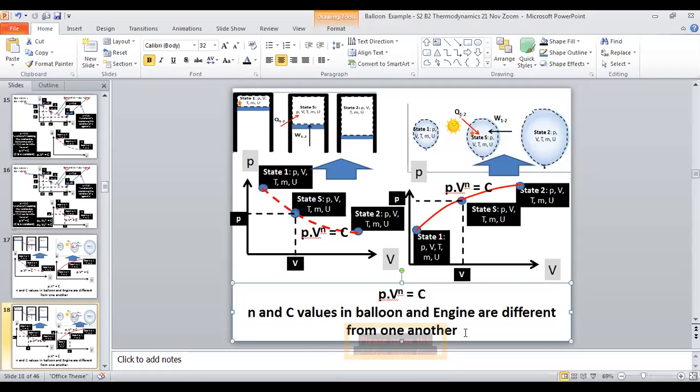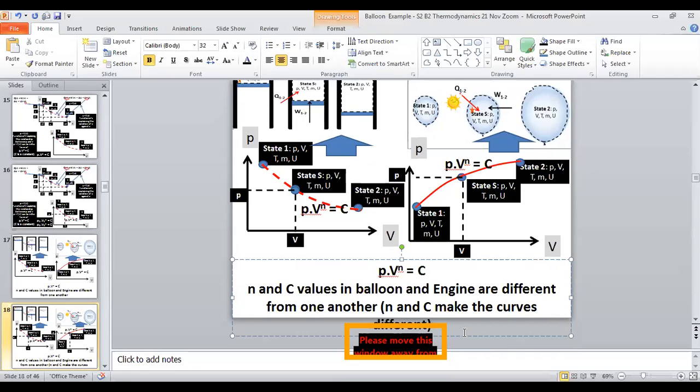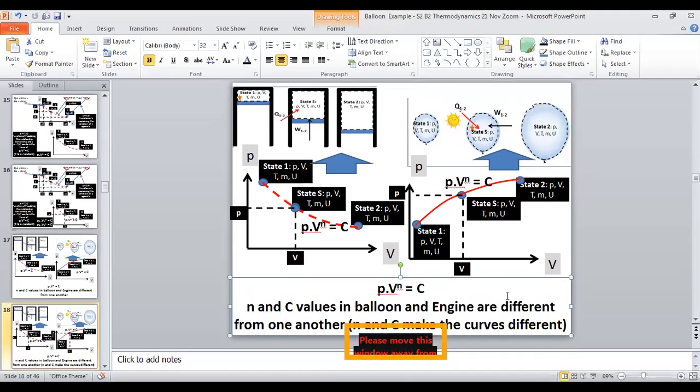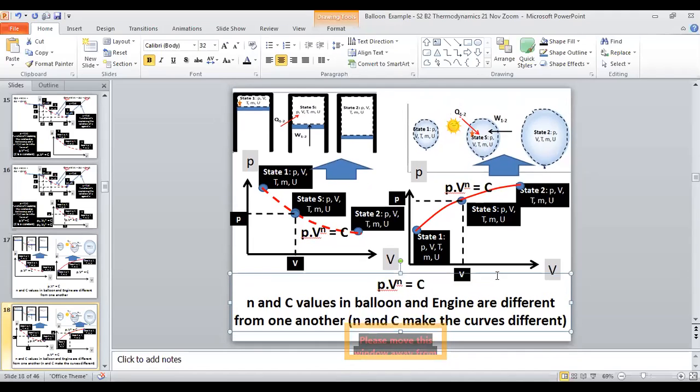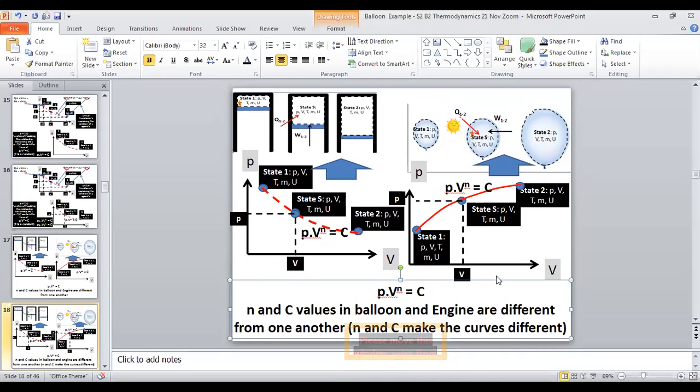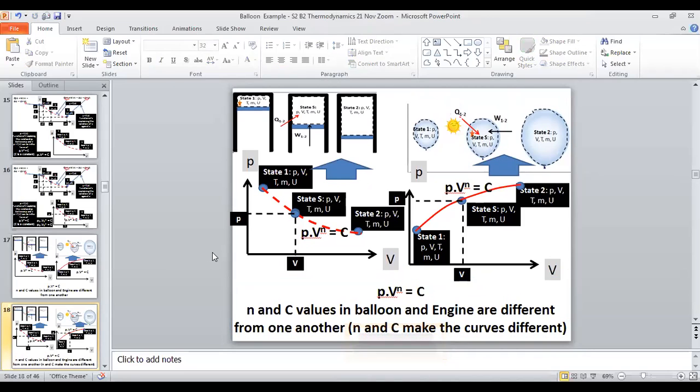Because n and C make the curves different. Okay, n and C make the curves different.